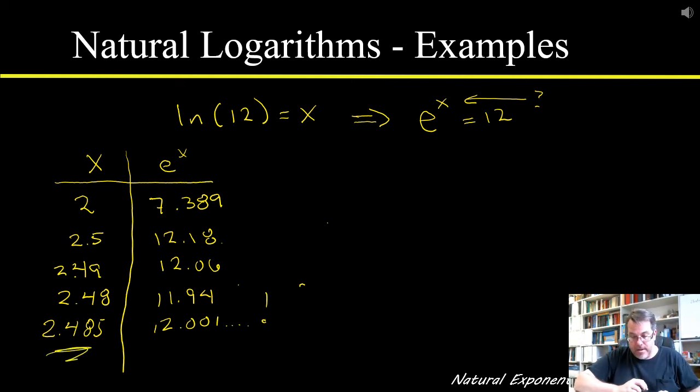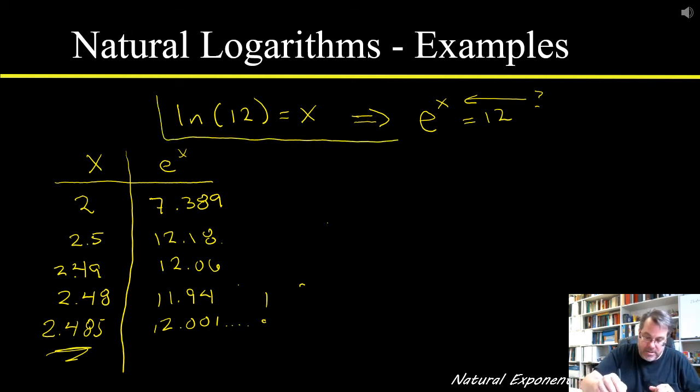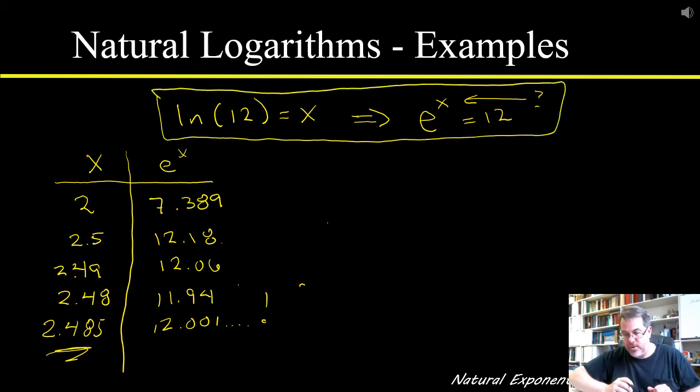If we're doing things to 3 sig figs, that could be our answer. So this is how you can think of a log conceptually, just trying to figure out what value of x satisfies that equation and makes it true.